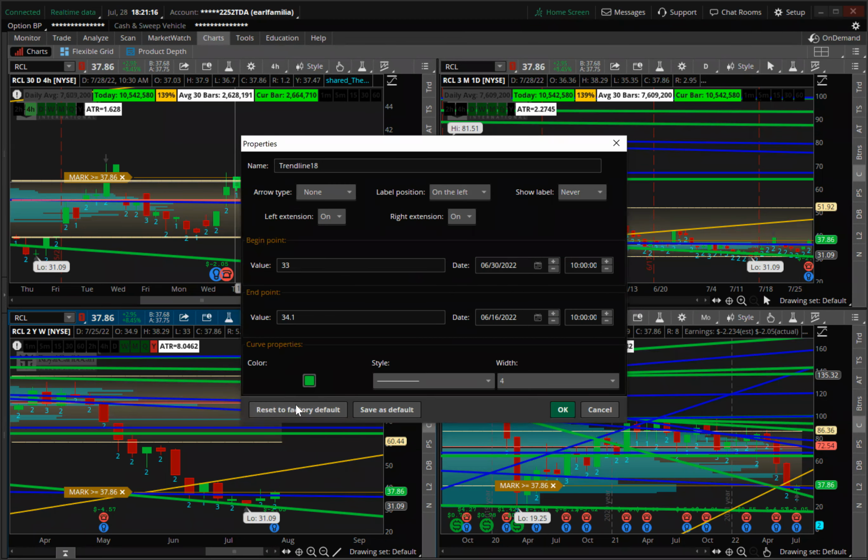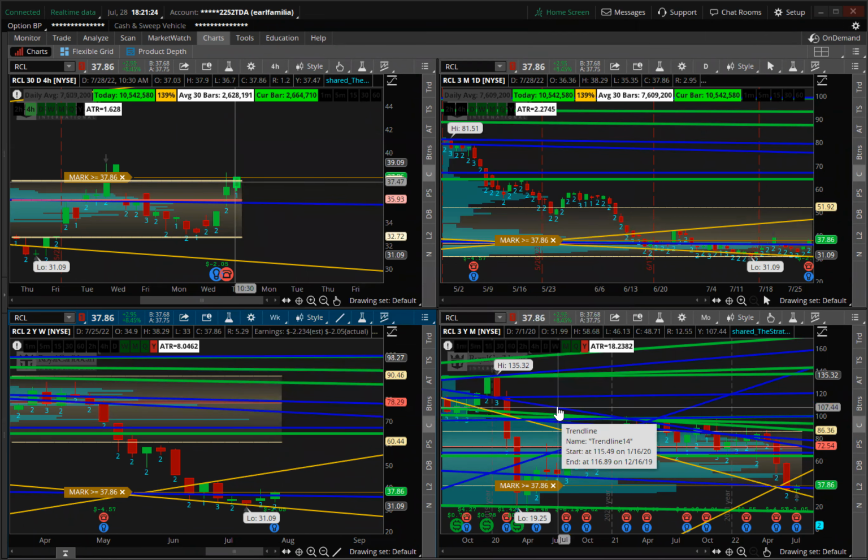So boom, now I have my most recent broadening formation for the weekly time frame. So that gives you a little bit more of a realistic level.